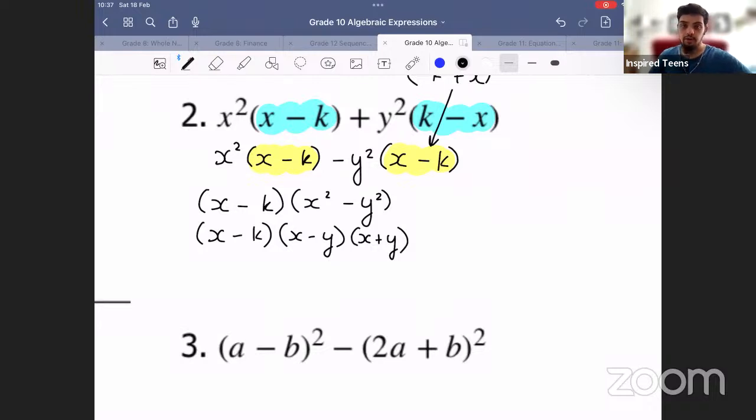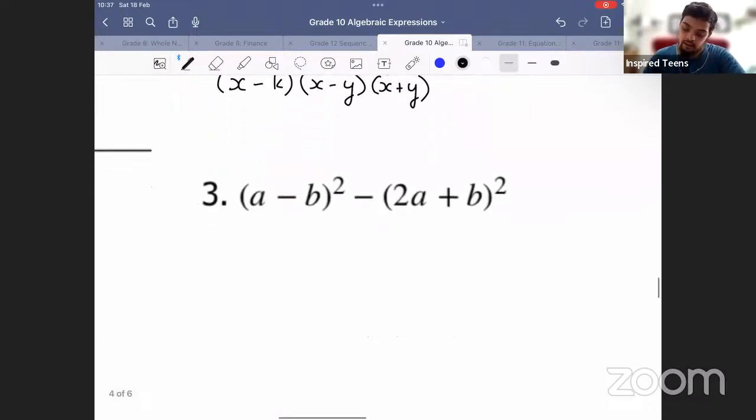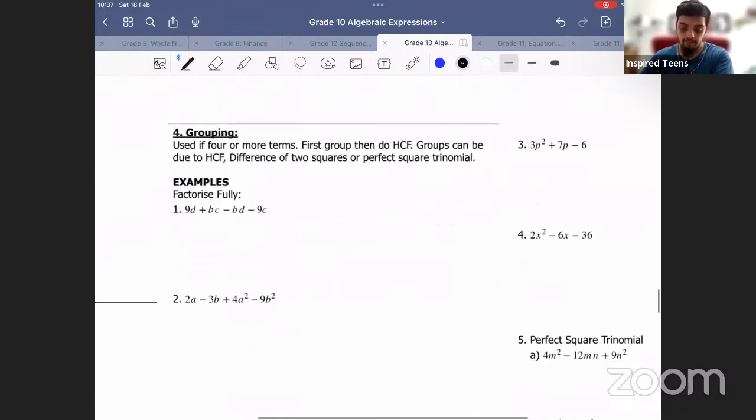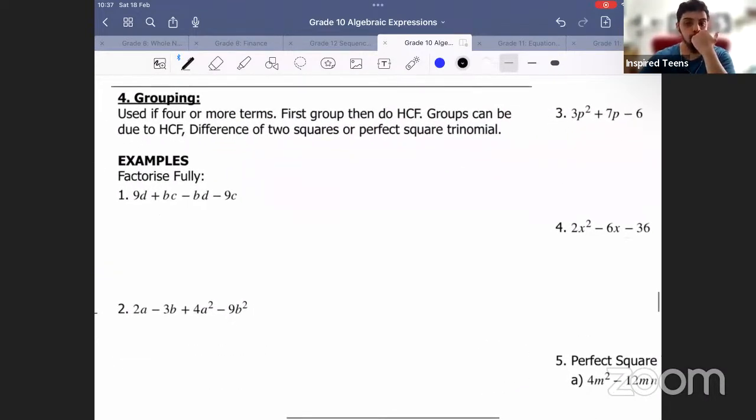Okay, I'm going to get to your questions in a bit. You guys can do this example. Let us move on to grouping. It must be 68 because 4 times 16 is 64.